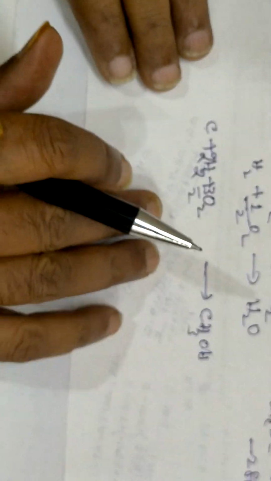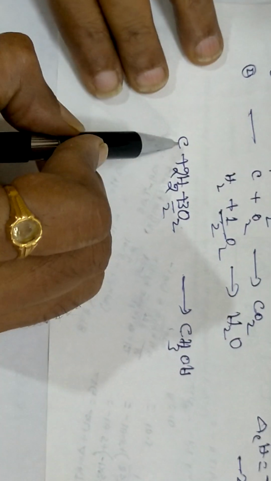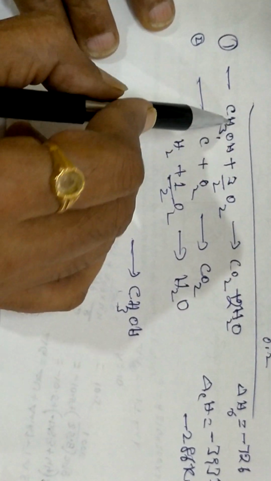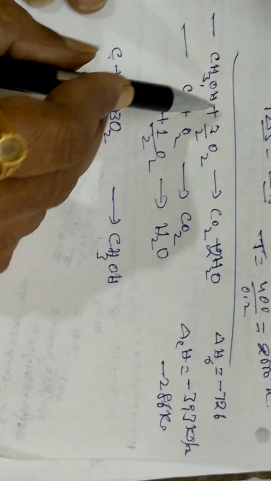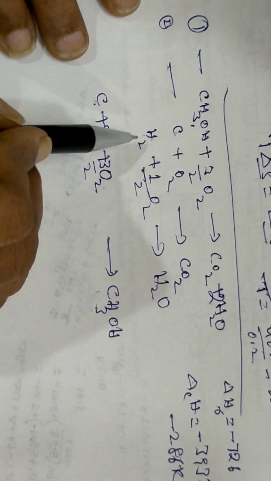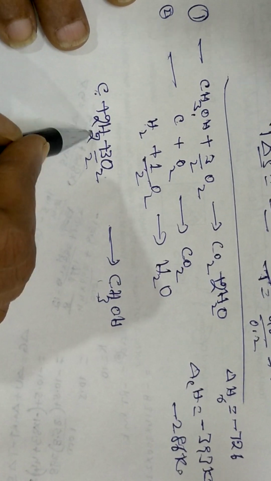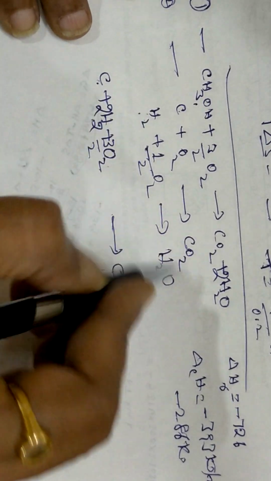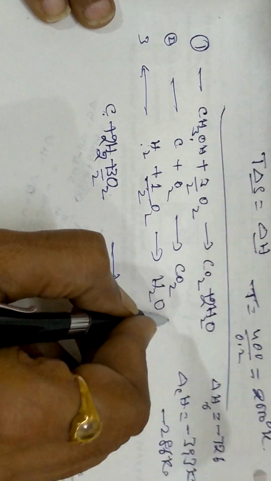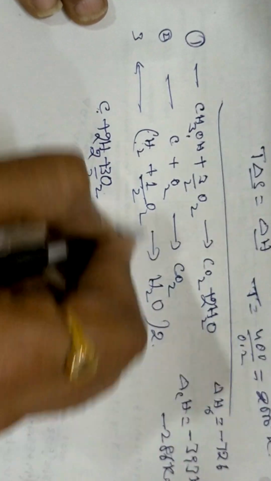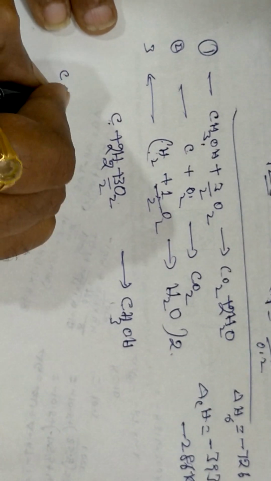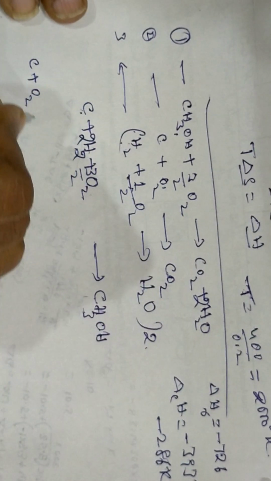That is very simple. What was given? Carbon and this thing. So if you see, this should be on the right side, so if you take it as minus, this will be. So if these two are added, C is C, okay, and hydrogen, we require 2 hydrogens. So if I multiply equation number 3 by 2 and add it to this, what am I getting? C plus O2, that is the first equation.